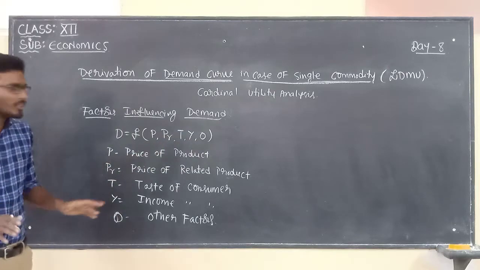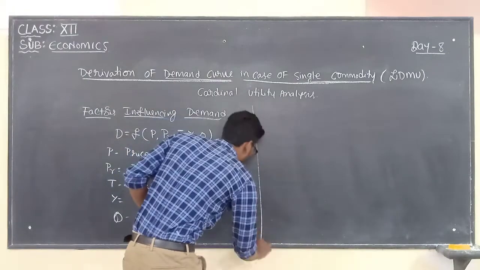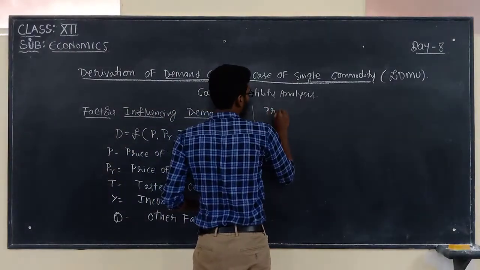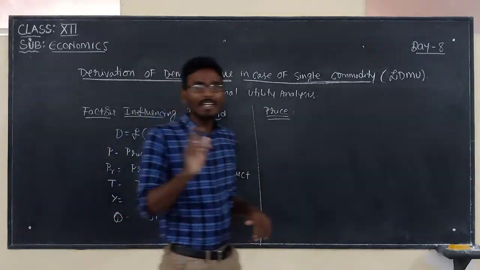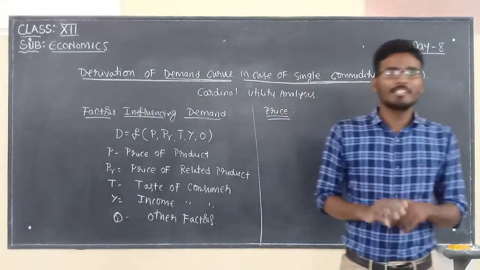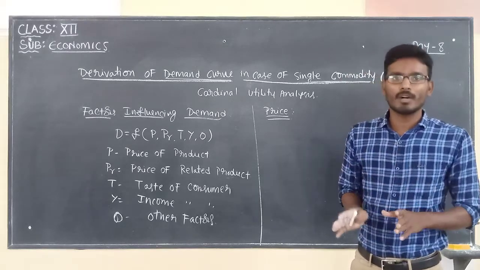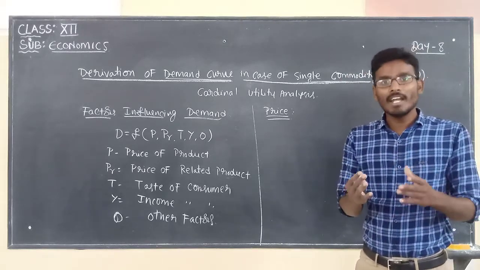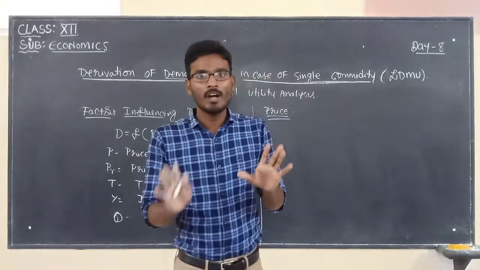Okay, let us find out how these factors influence demand. First, consider price. Always there is an inverse relationship between price of a product and demand of a product. How?